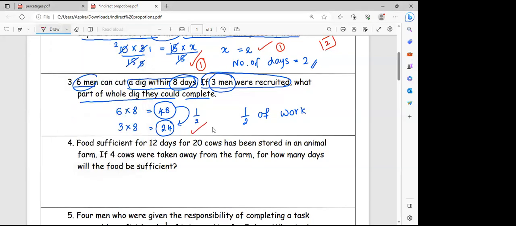It is 1 mark for the calculation, 1 mark for the answer, 2 marks altogether. Koban, please raise your hand those who have got that answer. Okay, good. Fourth question.